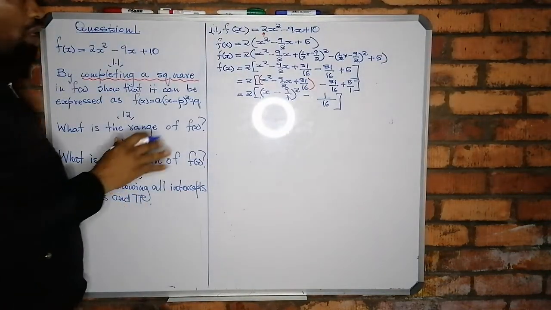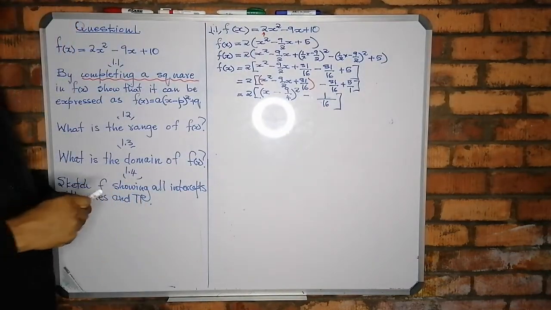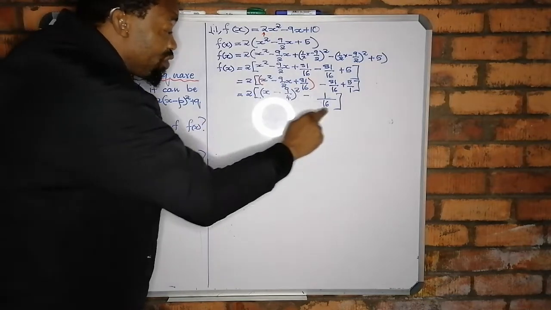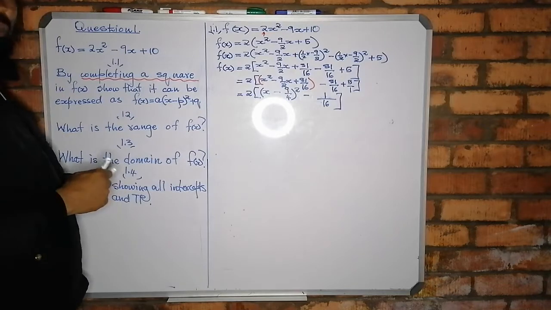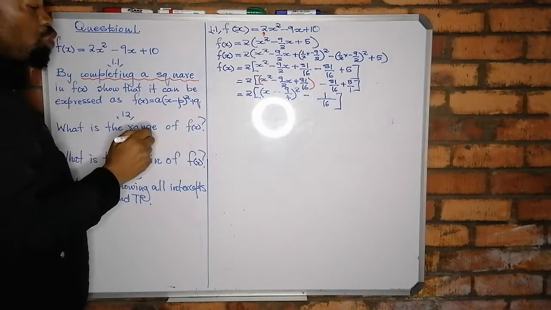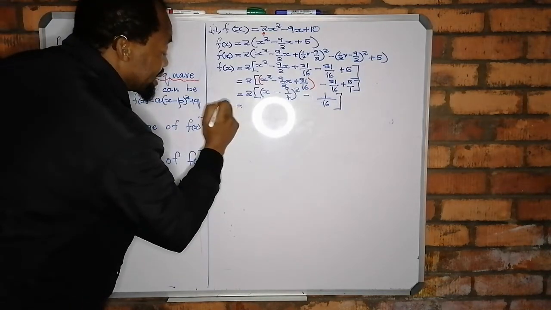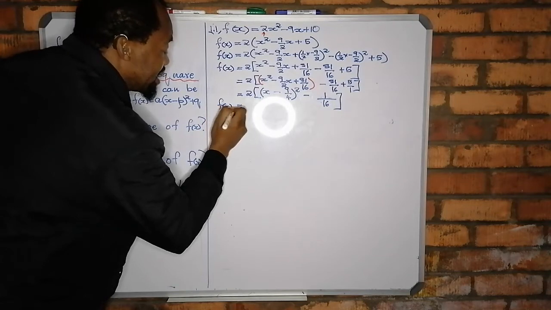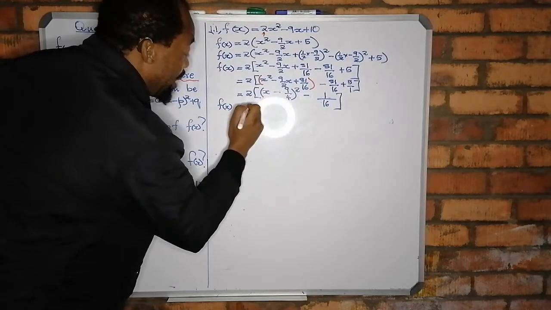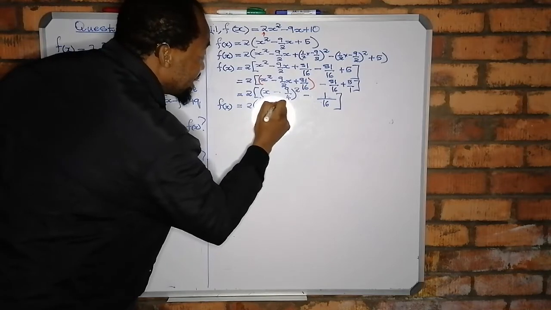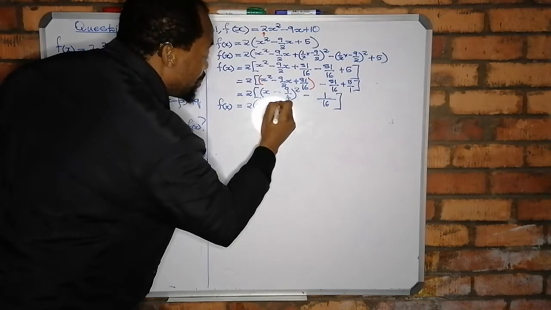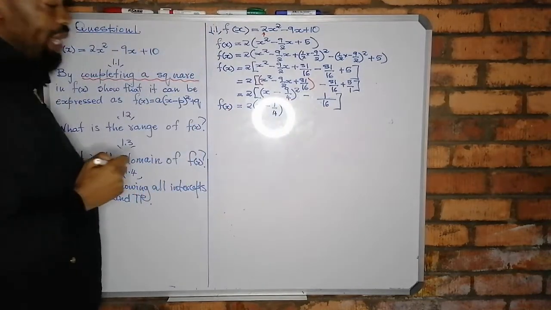Now, what am I going to do now? I'm going to remove this bracket by multiplying throughout by a 2. That would give us f of x, which is equals to 2 times this bracket, 2x minus 9 divided by 4 all squared.